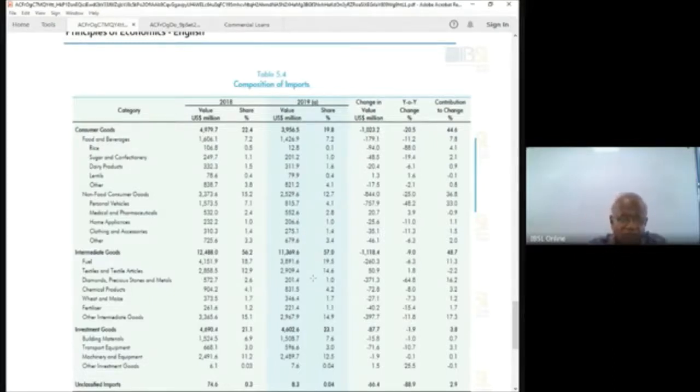Then what happens with imports? There's a huge drop in imports of vehicles. Personal vehicles, 1,573, come under consumer goods. It is not investment goods. That is interesting.